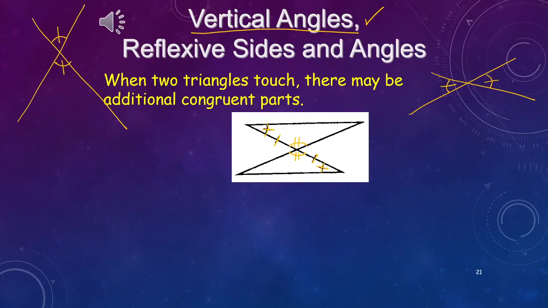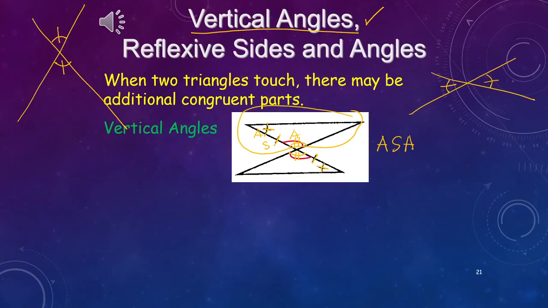So what postulate is this? Angle, side, angle. Focus on one triangle only. Angle, side, angle. So take note, you already know the concept about vertical angles. Next.